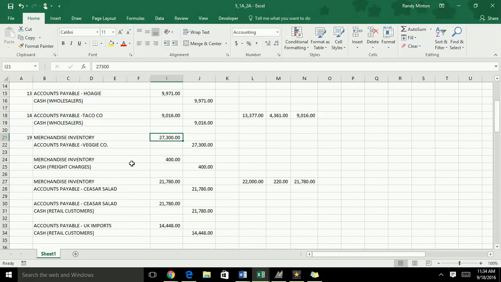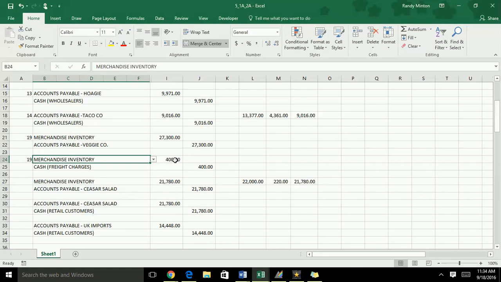Now, the next thing that happens to us on the 19th is that we actually get the bill, so we have to pay the freight company. And because this is a perpetual system, merchandise inventory is debited directly, okay? And the other side of it, of course, is cash because we're paying the cash out.